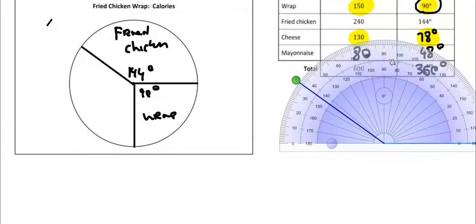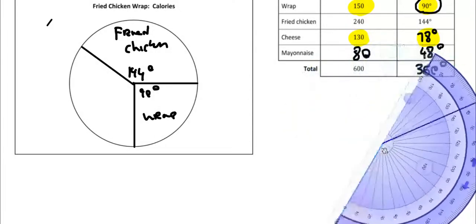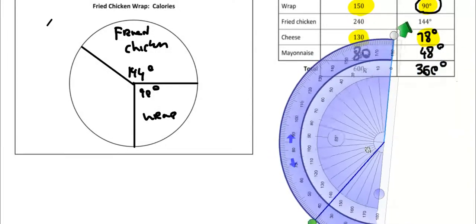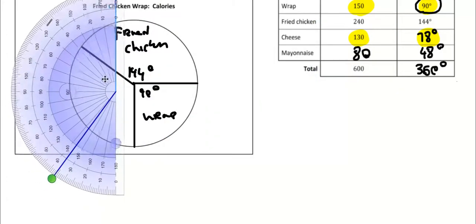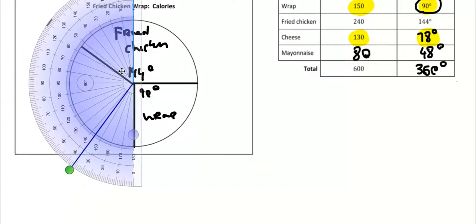I'm going to get my protractor and I'm going to line it straight down, like so. See where I'm putting it here? And I'm going to have to go for 78 degrees. Okay, hopefully this will reset. All right, so 78 degrees. See the way I'm working on the outside on this one? Yeah.